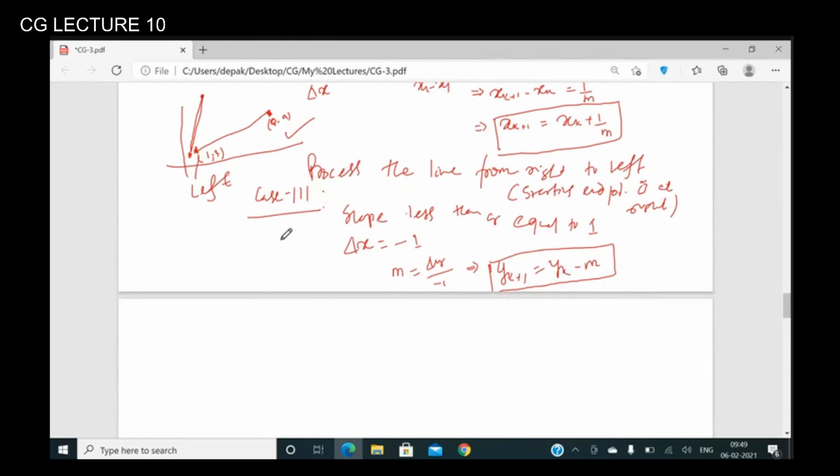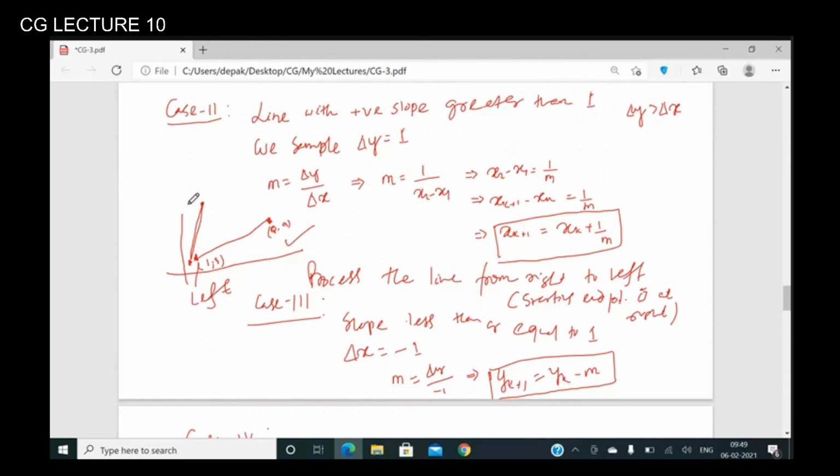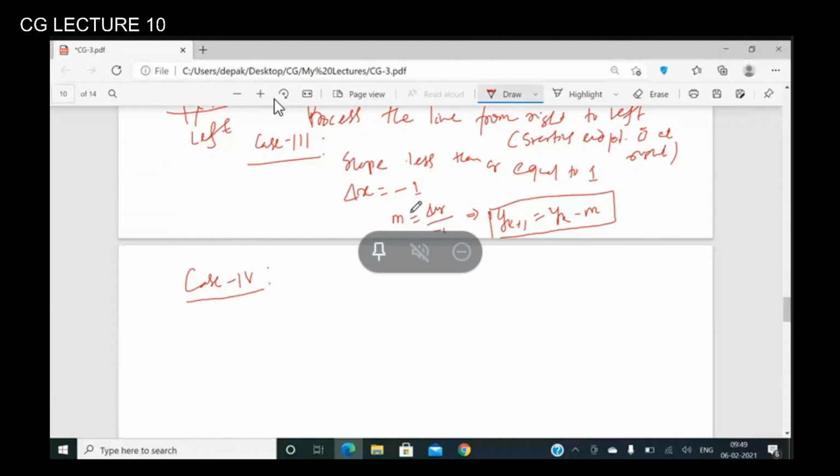And case 4, again you are processing from right to left, so your starting end point is at the right. Case 4 is where the slope is greater than 1.